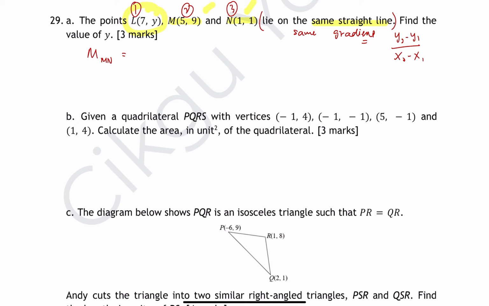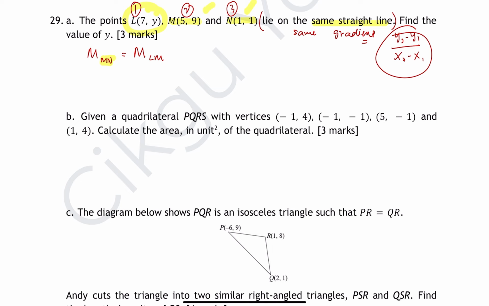Okay, over here I'm just going to use my coordination of L and M. So this is the first thing that you can actually write in your question. And once you already drafted this, you can just put in the gradient formula, right? So gradient of MN, for me, I will just remember to use M minus N following the sequence that you have written.